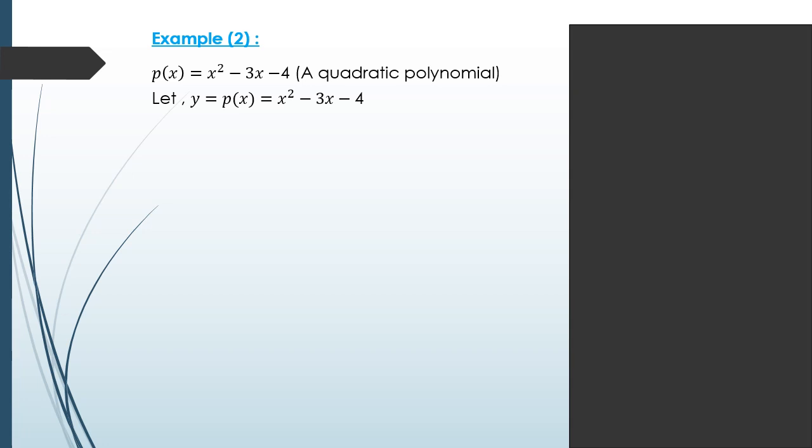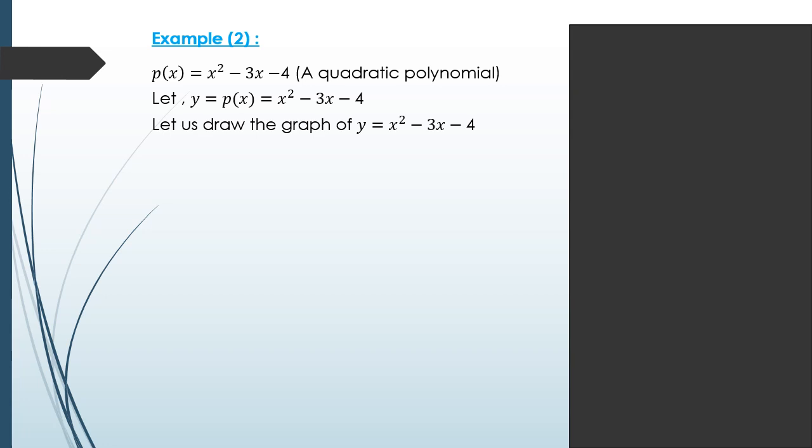Means whatever values we are going to get for polynomial p of x, those values we have considered as y, because we want to draw the graph of this quadratic polynomial in the Cartesian plane or xy plane made by x and y coordinates. Okay, so let us draw the graph of y is equal to x square minus 3x minus 4.